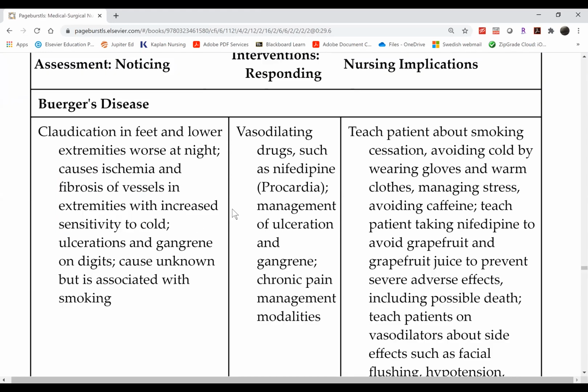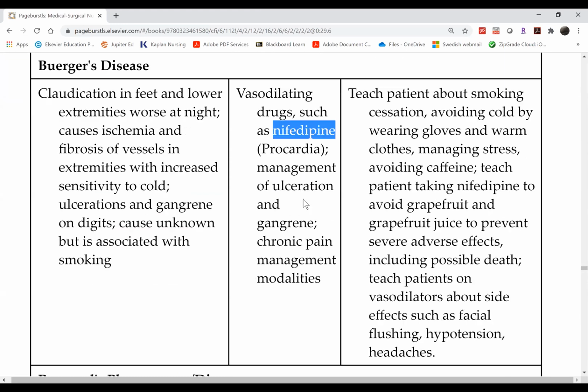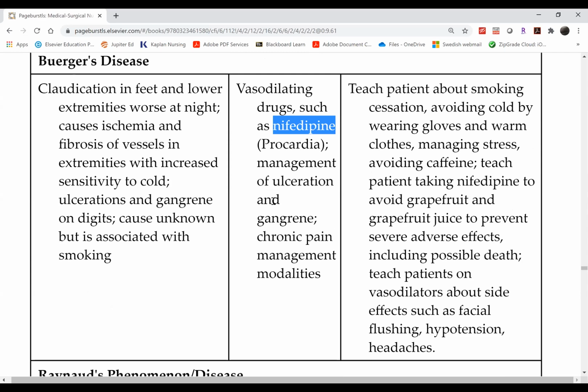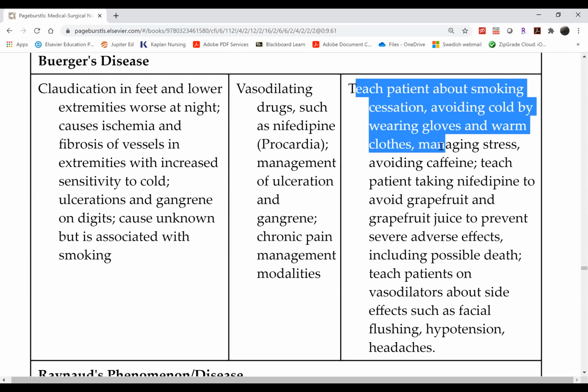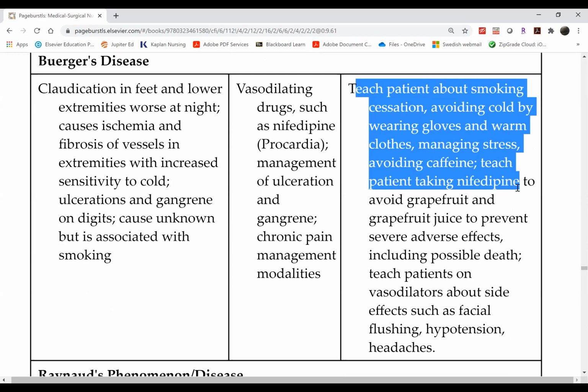Of course, you encourage the patient to stop smoking because that is the only known risk factor. And then the patient will be put on calcium channel blockers in the Philippines. And then, of course, this will include ulcer care if there are ulcers on the hands or the legs or the feet. And these are your teachings. Number one, again, stop smoking, avoid cold, keep your fingers warm. The disease seemed to be aggravated by cold temperature.